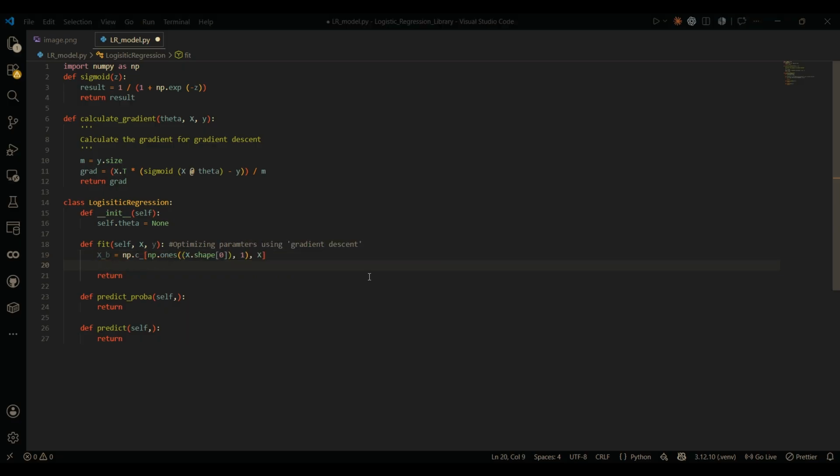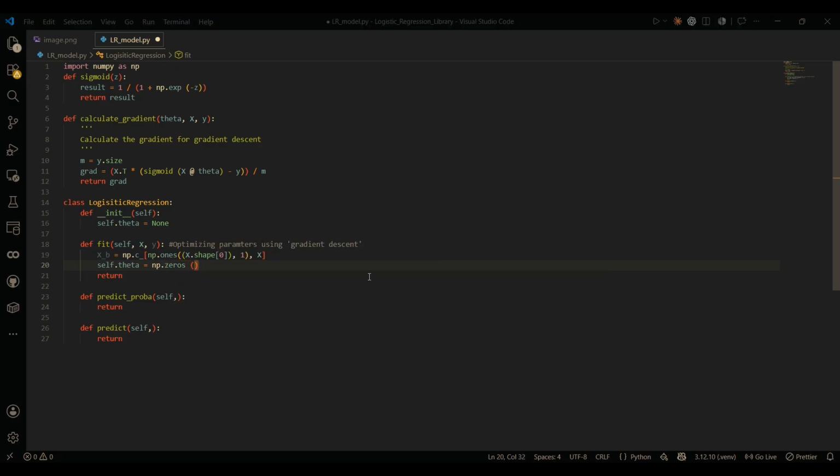Same for this, we'll have theta. It will have the same number of columns as x because, well, is that so? Oh yeah, that's correct. So this is theta with intercept, and it will be initialized with zeros.